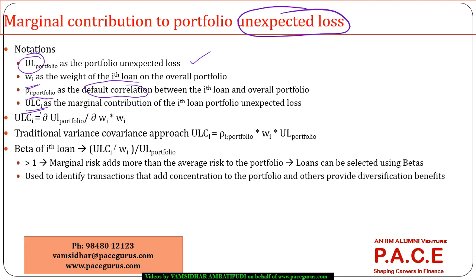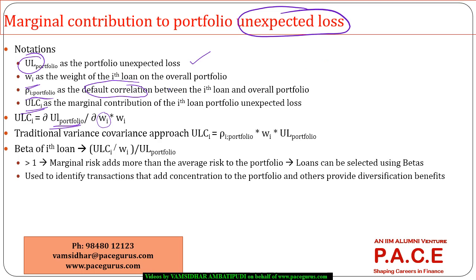Based on that, we are trying to find out the marginal contribution of the ith loan to the overall portfolio's unexpected loss. What we are simply saying is, take the overall unexpected loss of the portfolio and take a partial derivative of it with respect to the weight of that one single loan in the overall portfolio.